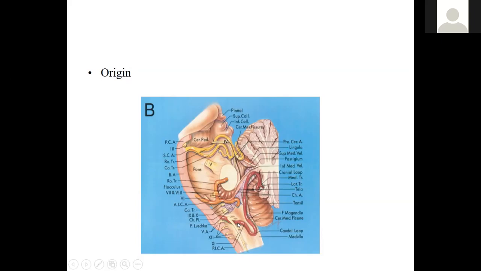This depicted course of the posterior inferior cerebellar artery is the most frequently identified course, because as we said, it is one of the arteries that has the most variable course at the level of the brainstem. So it takes a certain expertise for the neurosurgeon to be able to locate and then protect this blood vessel during the surgical procedures.